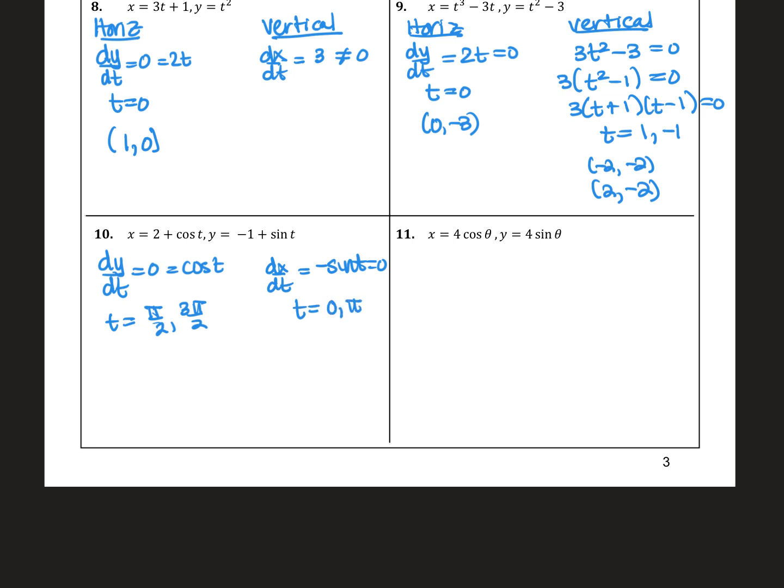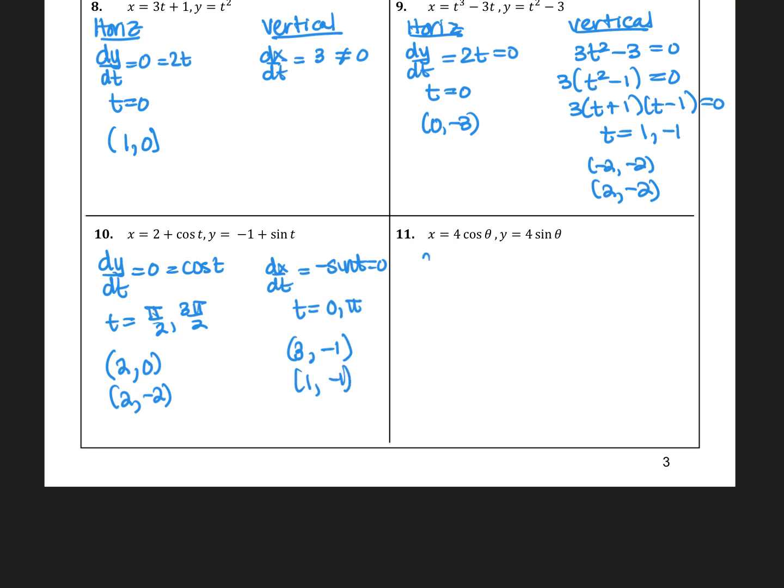And then now we can find all those points. So at pi/2 is our first point, and that would be at (2, 0). 3 pi/2 is our next point. So again, that'll be at (2, -2). At time equals 0, we're going to be at (3, -1). At time equals pi, we're going to be (1, -1).